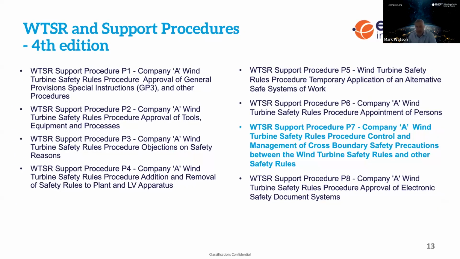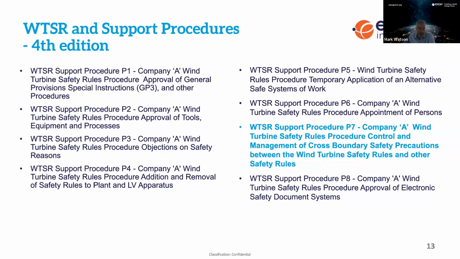So the wind turbine safety rules also have some support procedures. So we're currently on the 4th edition of the wind turbine safety rules, and the support procedures are listed below, and they go from P1 to P8. So P1 being approval of general provisions, special instructions, i.e. the GP3 procedure.